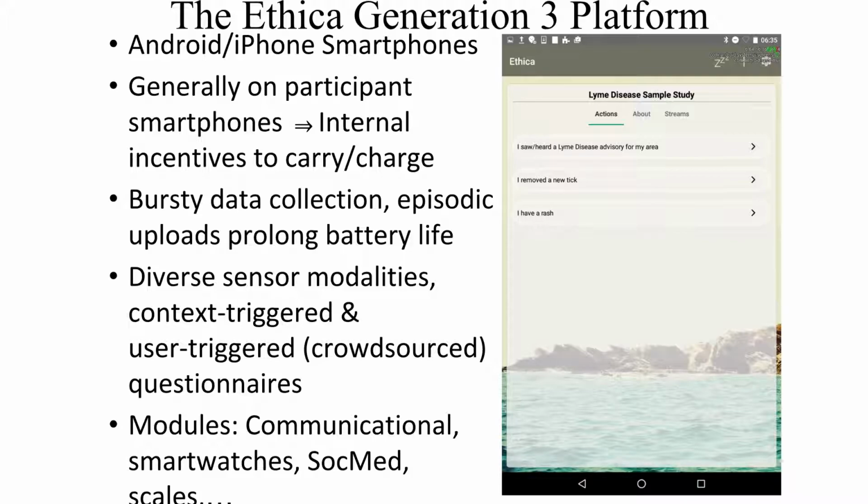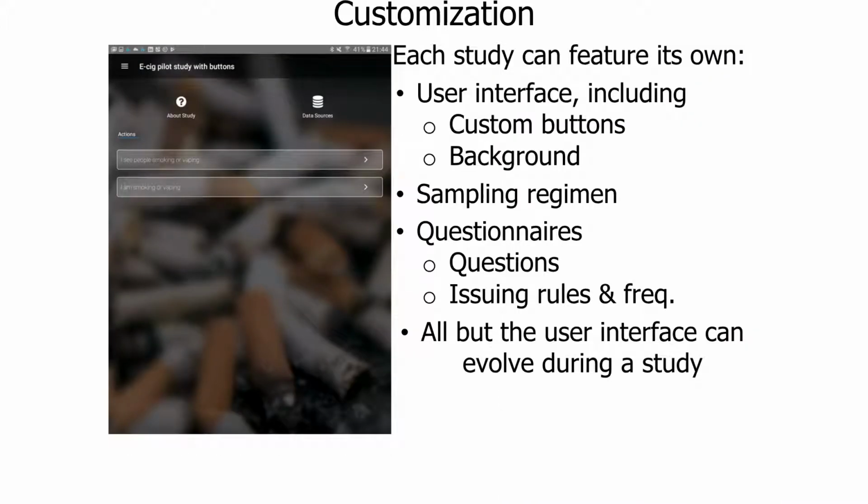There's a set of modules to extend the system to monitor aspects of communicational behavior, to understand an individual's interaction with other apps, etc. And as we'll see, each study can feature its own user interface, sampling regimen for sensors, what it's picking up, questionnaires, including questionnaires with skip patterns and each issued according to certain rules and frequency triggering mechanisms.